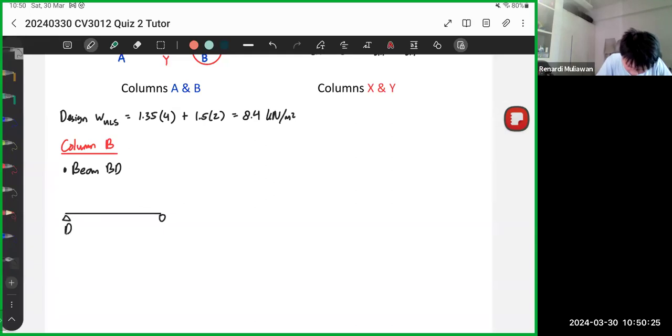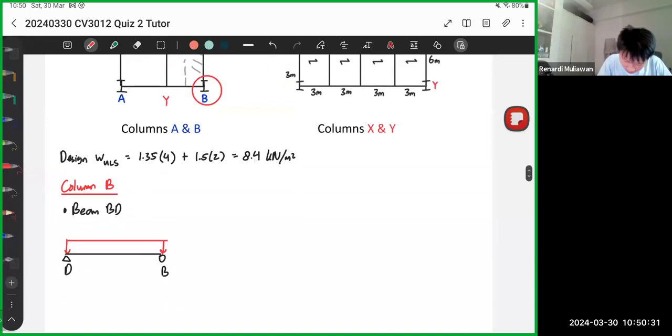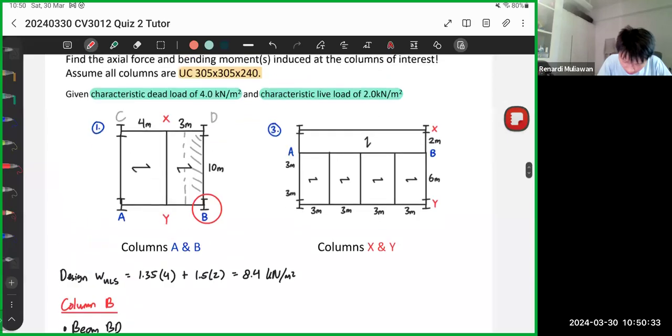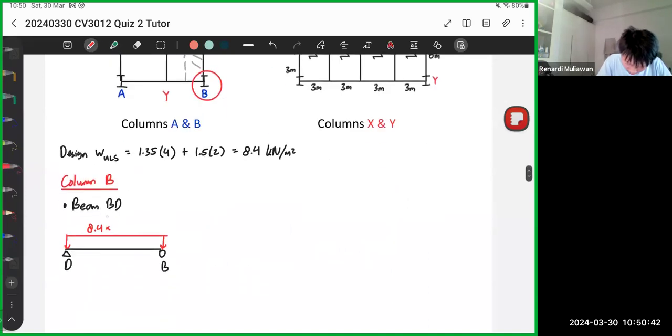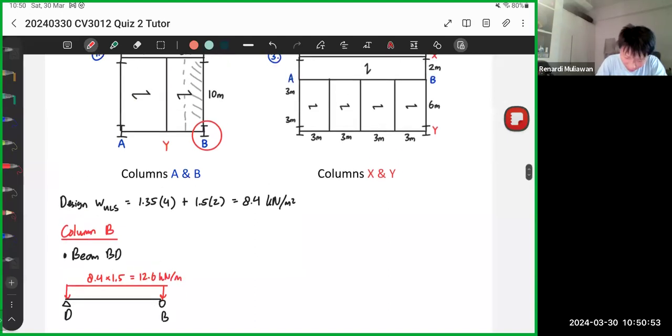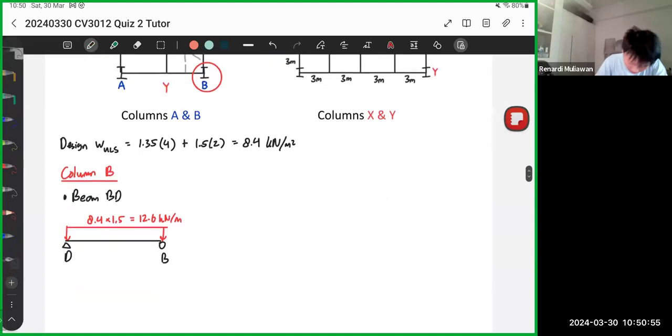This one is D, this one is B, then this is W. So W here is 8.4 times 1.5. So 8.4 times 1.5, you get 12.6 kilonewtons per meter. Then the length of it is 10 meters.